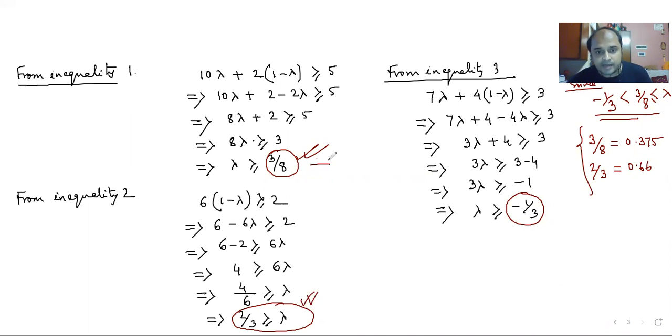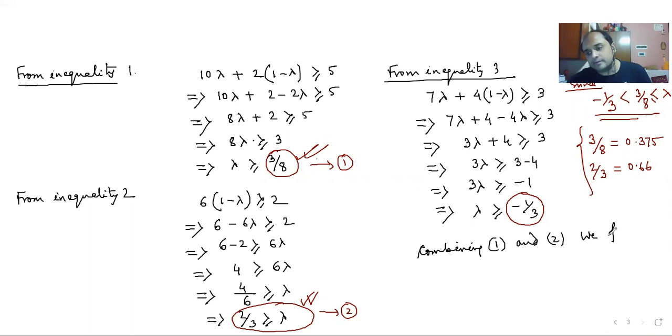So combining 1 and 2, we find that lambda is lying between 3 by 8 and 2 by 3.